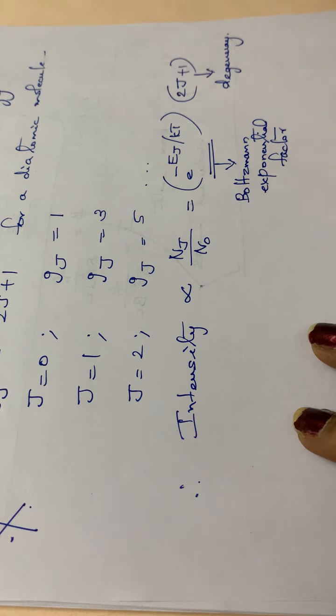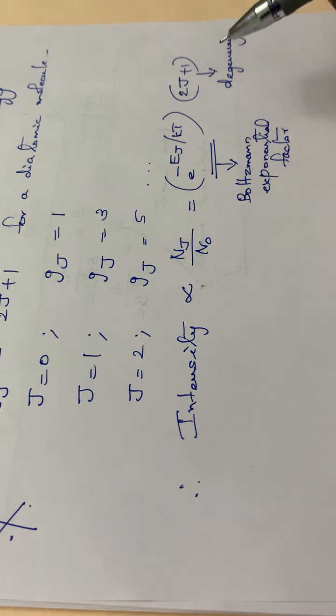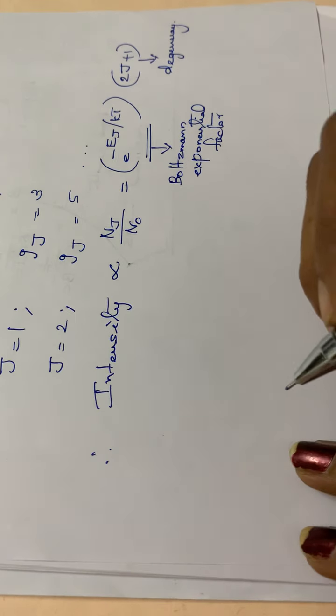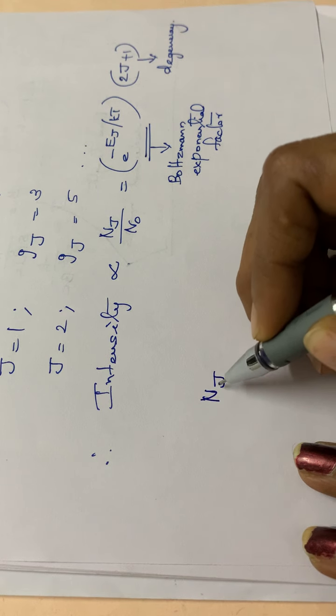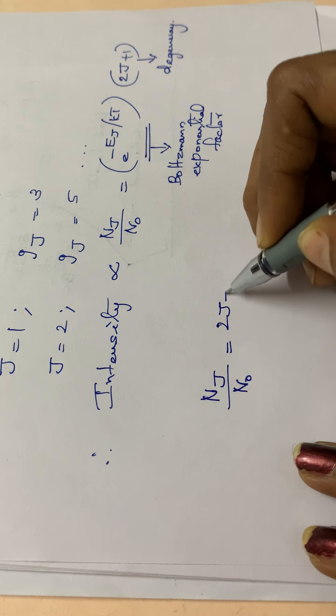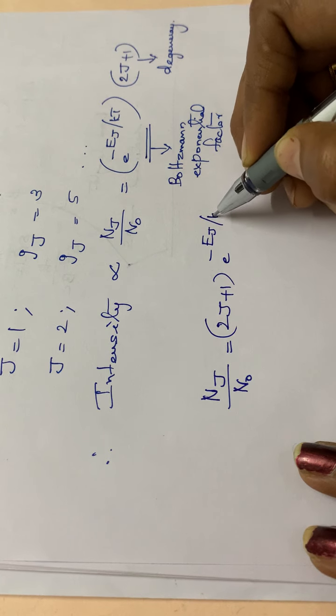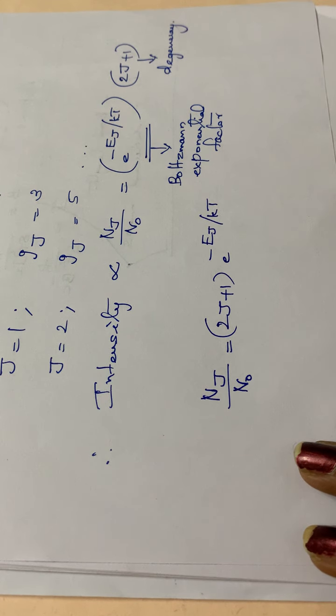So the intensity is determined by the product of the Boltzmann exponential factor as well as degeneracy. Therefore we can write the equation as Nj by N0 equal to 2J plus 1 into e raised to minus Ej divided by Kt. K is the Boltzmann constant.